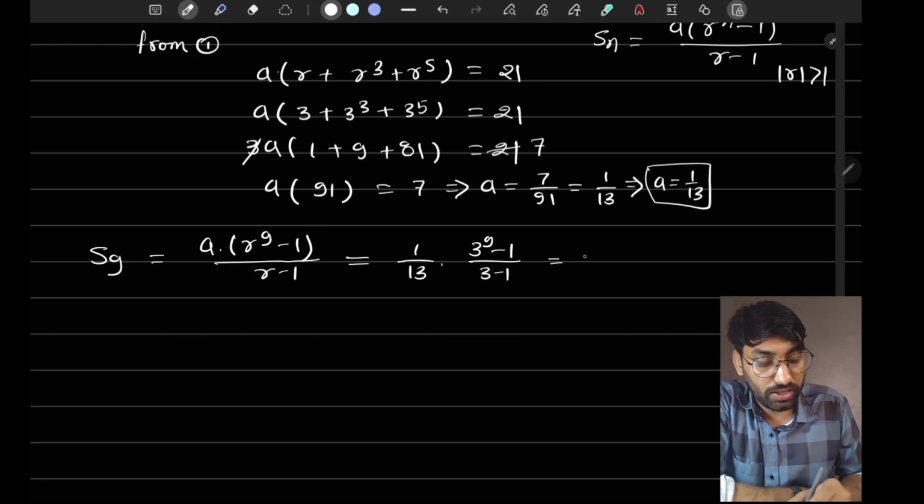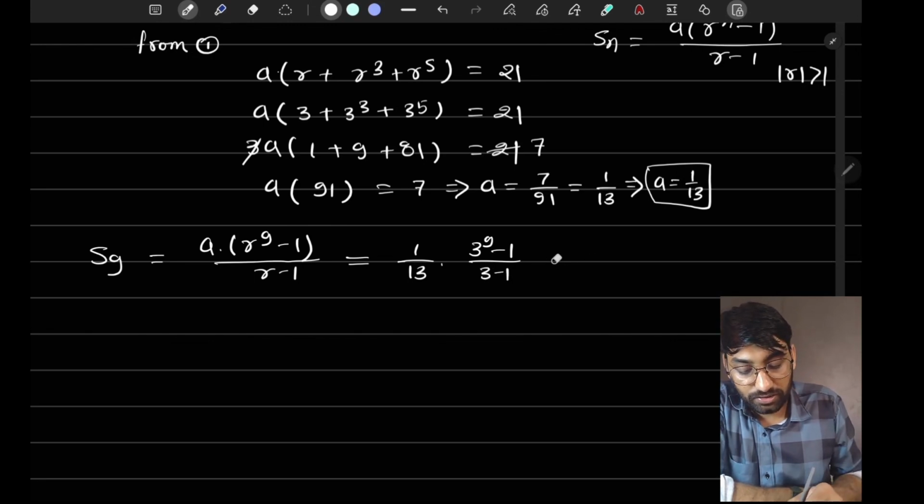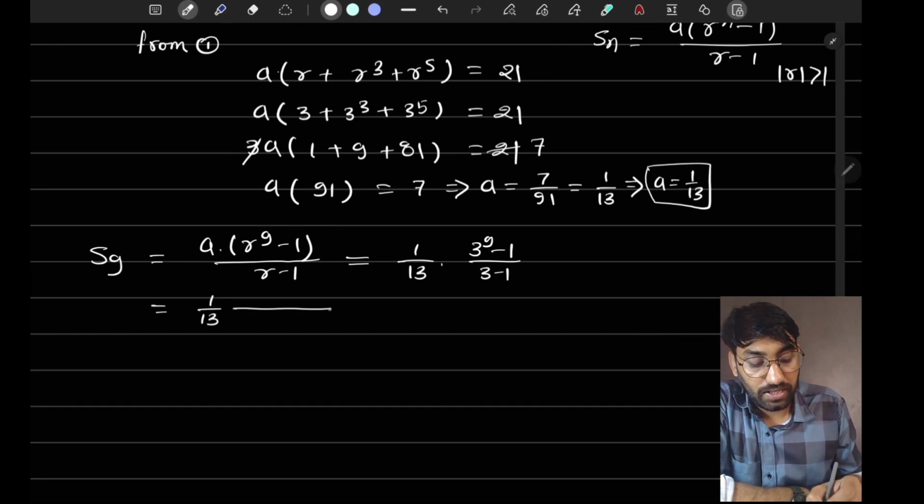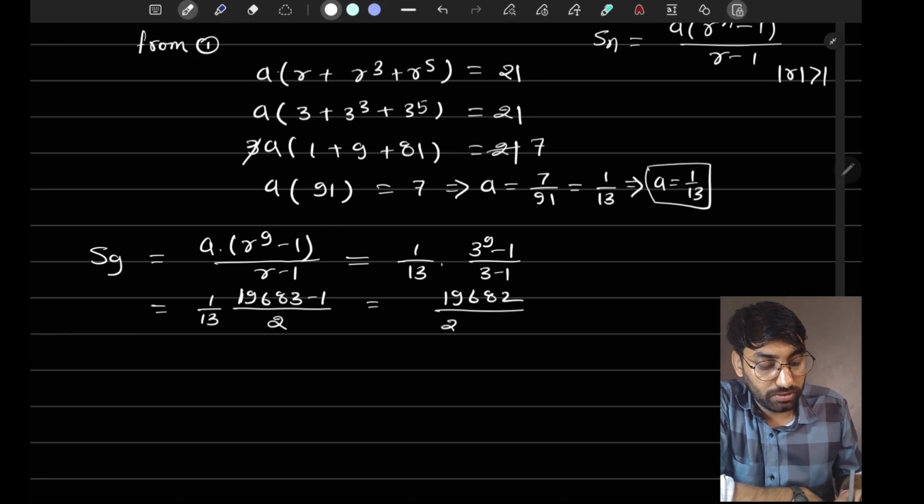Okay. So this will become 1 by 13 times, 3 power 9 is nothing but 19,683, minus 1, divided by R minus 1, which is 2. So I will get 19,682 divided by 2 into 13.